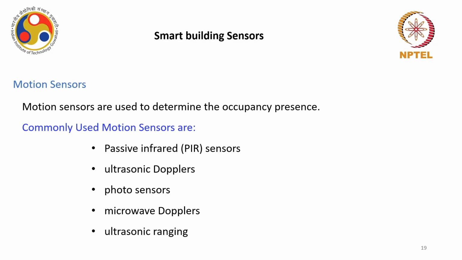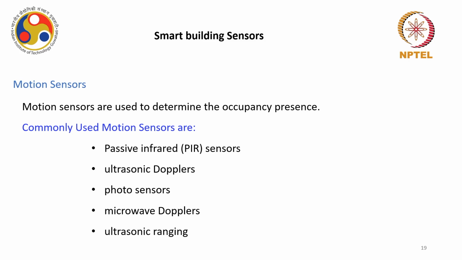Along with occupancy, there is another kind of device which is required for tracking the motion of the occupant. Whenever you talk about occupancy, you always talk about motion detection, right? Motion sensors are used to determine occupancy presence as well as behavior inside a particular area.